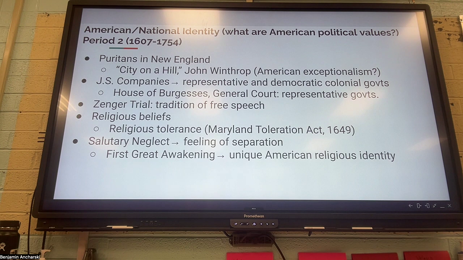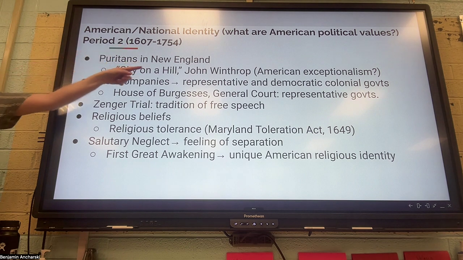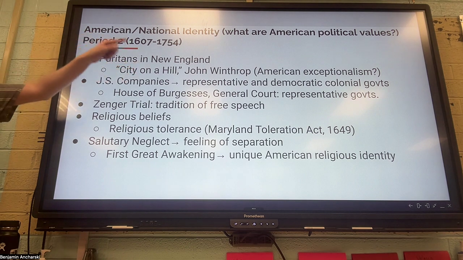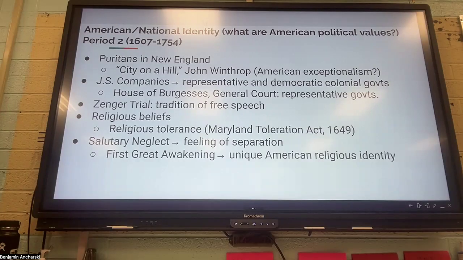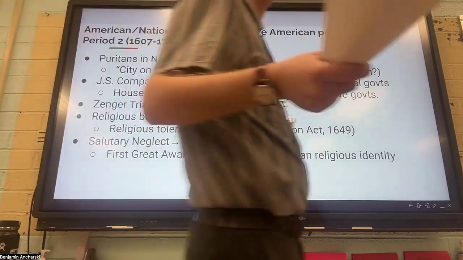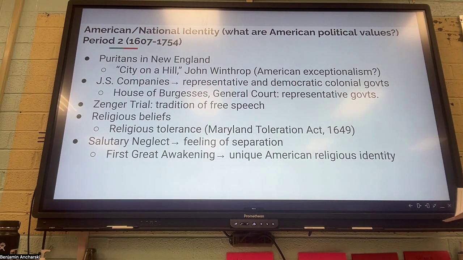And this is important in terms of American national identity because it helps explain what becomes American exceptionalism. We're the greatest country in the world. And that is best represented by John Winthrop's sermon, the City on a Hill sermon.